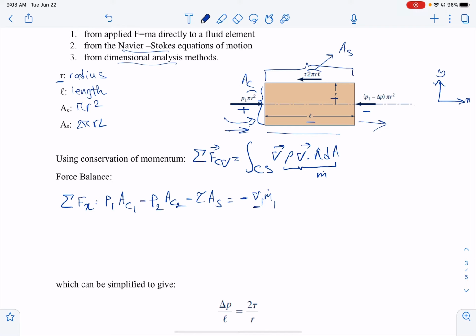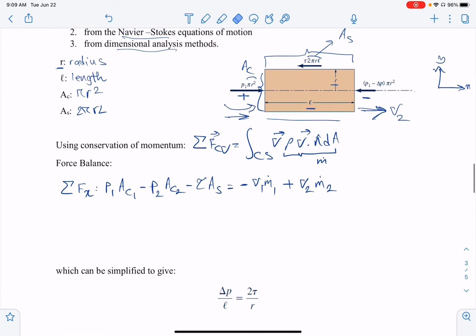And then the V1 is going to be positive, and if I write down V2 m dot 2, m dot 2 is coming out of flow, so its outflow should be positive. V2 is going out. This is also positive because the V direction is like this, and so this is why it has a plus sign here.